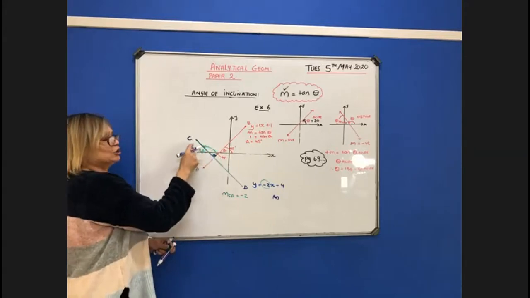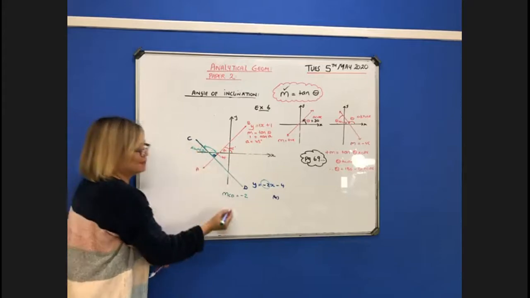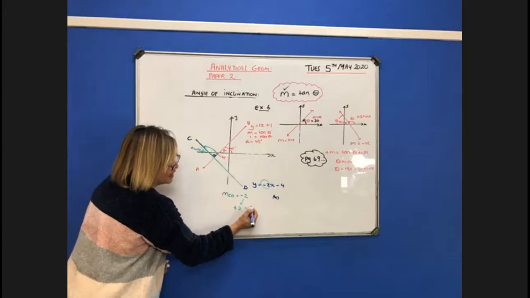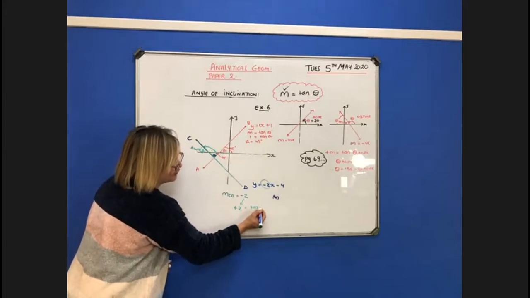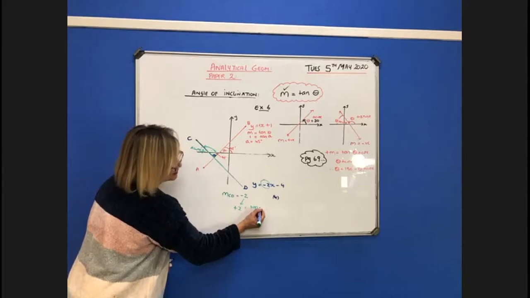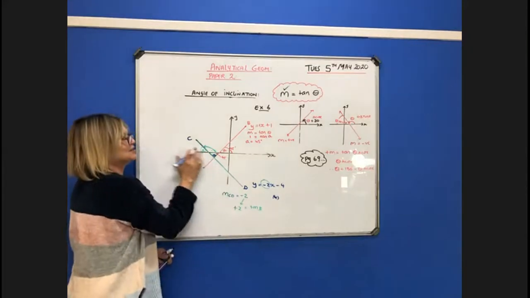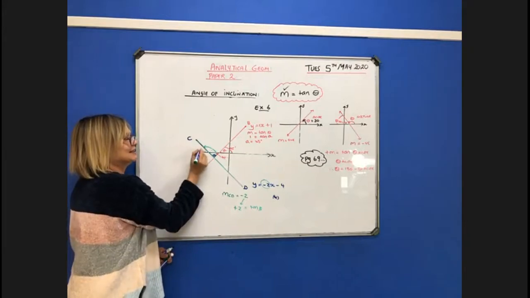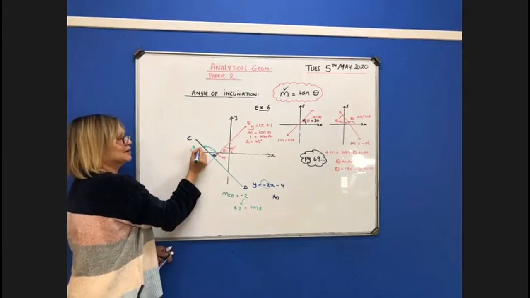To get the acute angle on the other side, plug in the positive gradient, not the negative, and you will get tan of the acute angle, which I'm calling beta, because there is no other beta in this diagram.